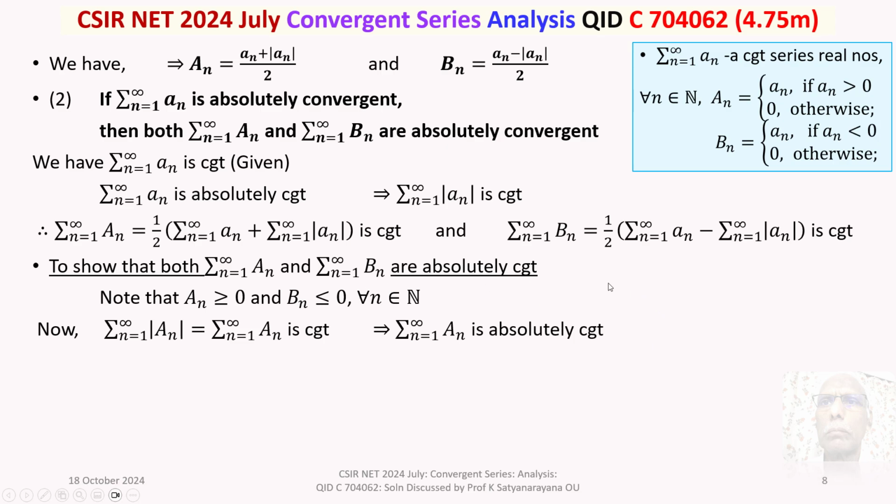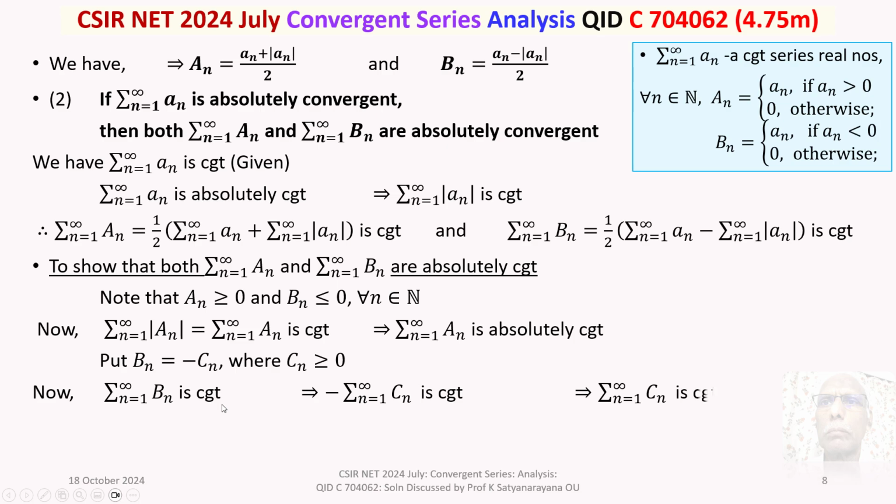Agreed. So, what about sigma capital Bn? Is it absolutely convergent? Let's put capital Bn equal to minus Cn. Since capital Bn is less than or equal to 0 for all n belonging to N, Cn will be greater than or equal to 0. Now, sigma capital Bn is convergent, yes, that's what we have already seen. That is, sigma of minus Cn is convergent.